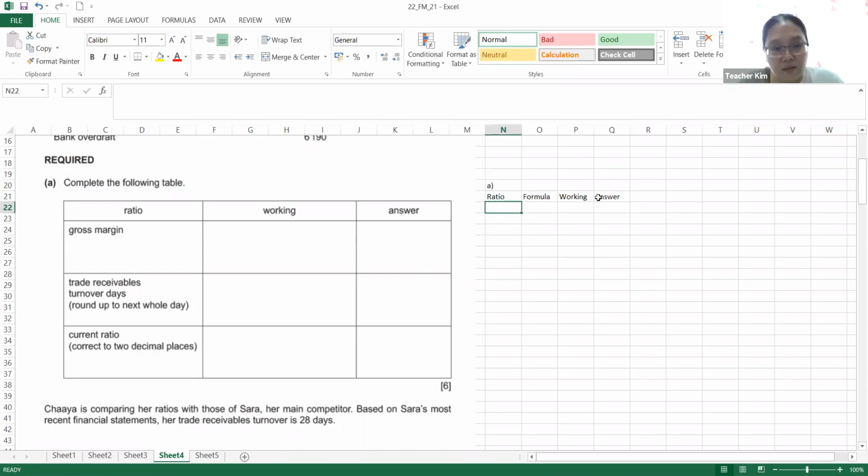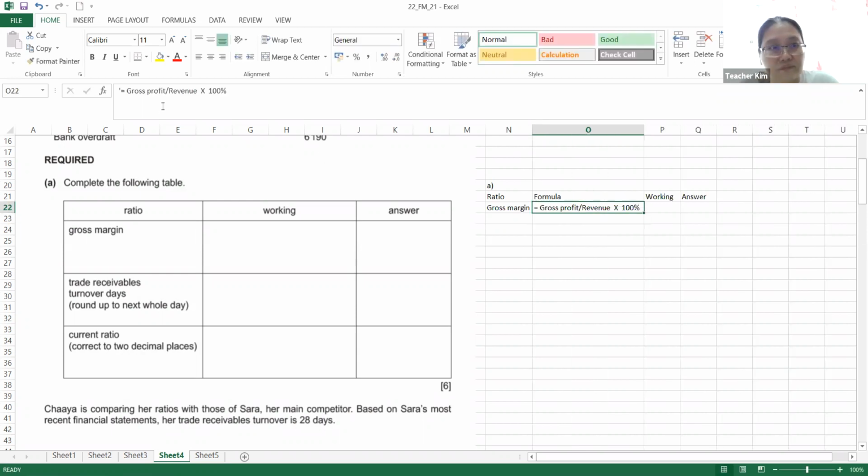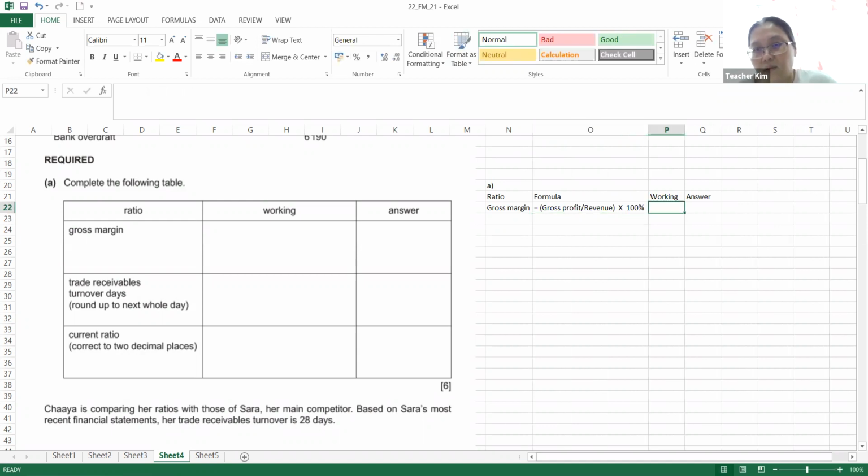Okay, gross margin. The formula for the gross margin is taking the gross profit over the revenue, times 100%.